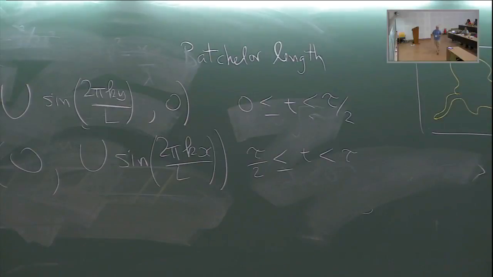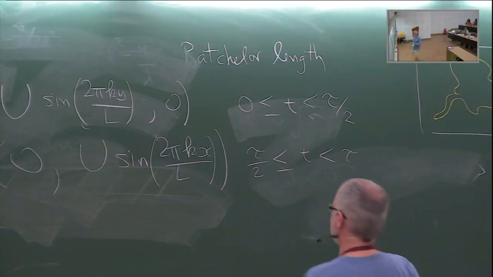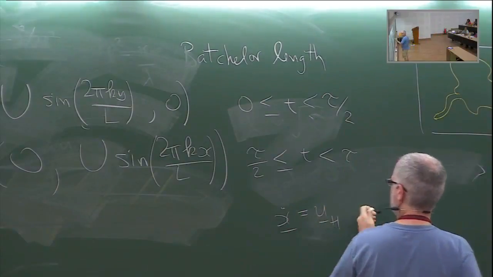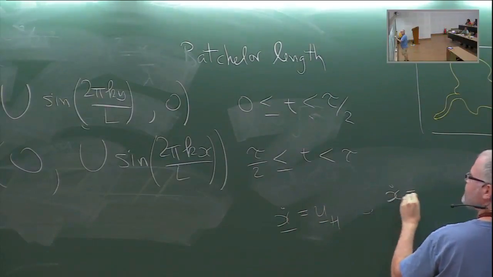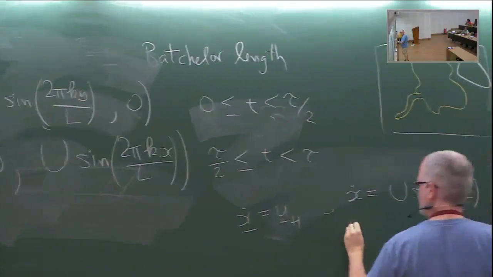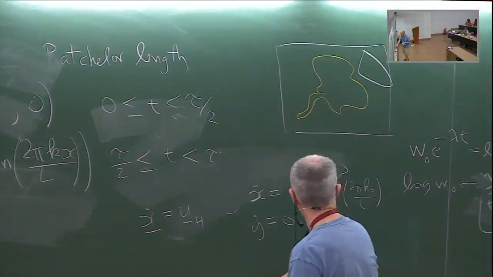If I solve x dot equals U, that's two sets of equations. That's x dot equals U sine 2 pi ky over L, and y dot is equal to 0.